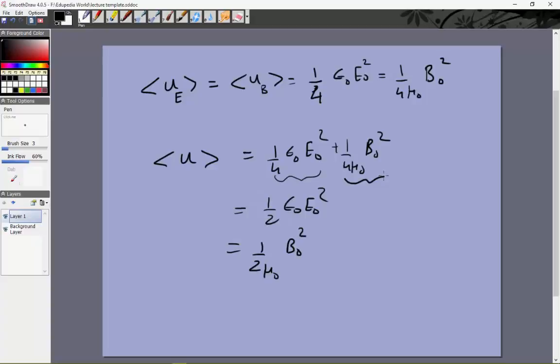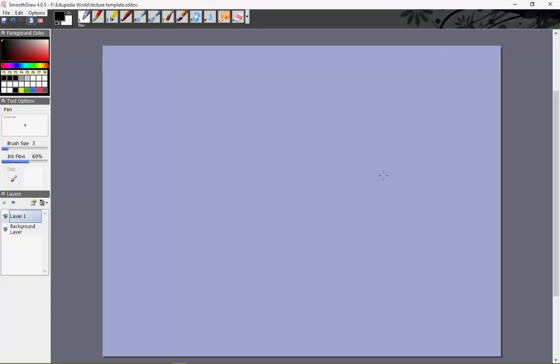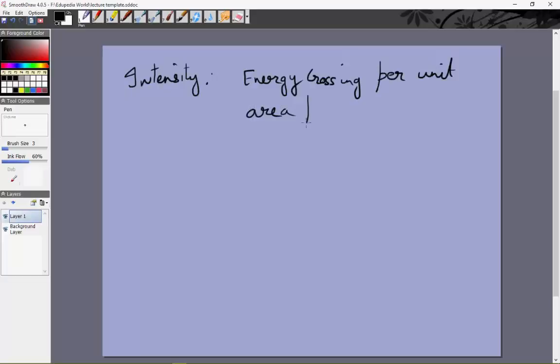There are a couple other terms which you need to know about when you're talking about electromagnetic waves. The first term would be intensity. The definition of intensity is energy crossing per unit area per unit time.